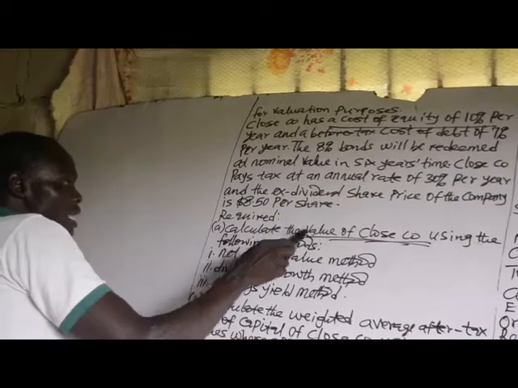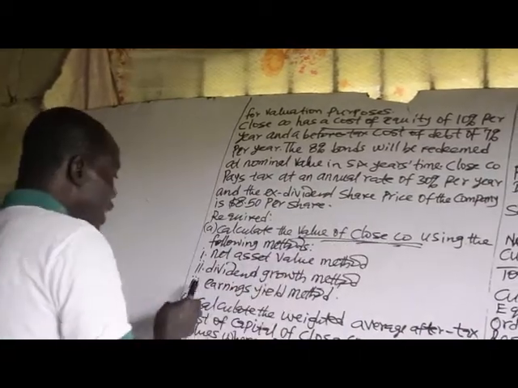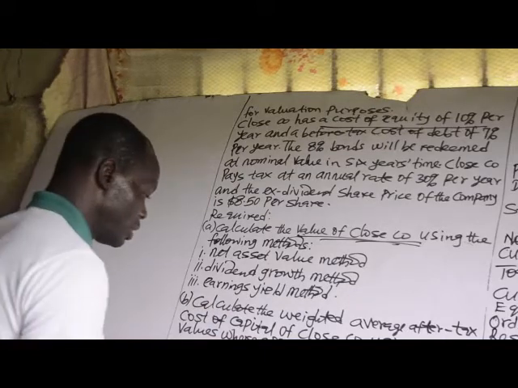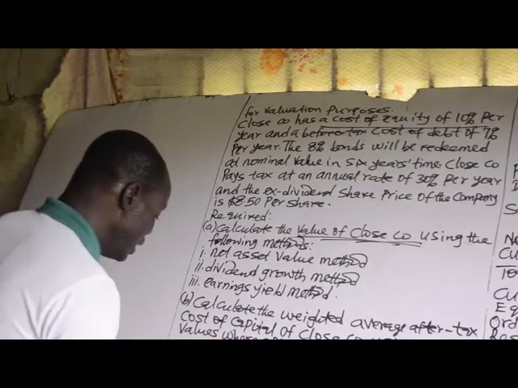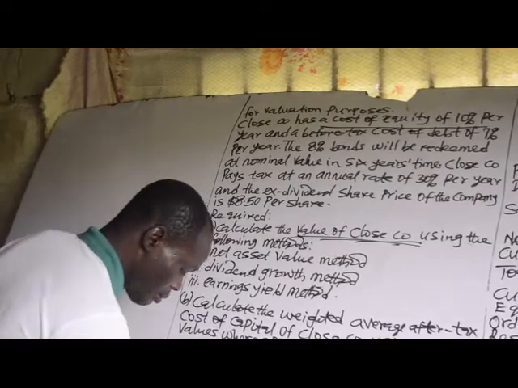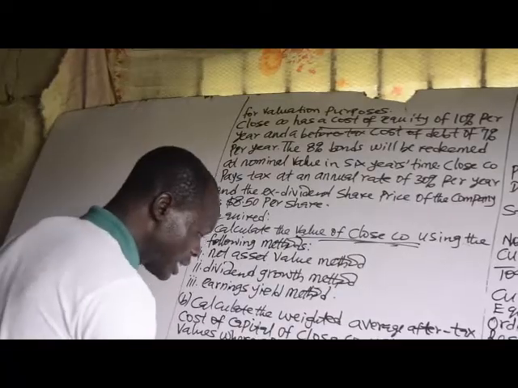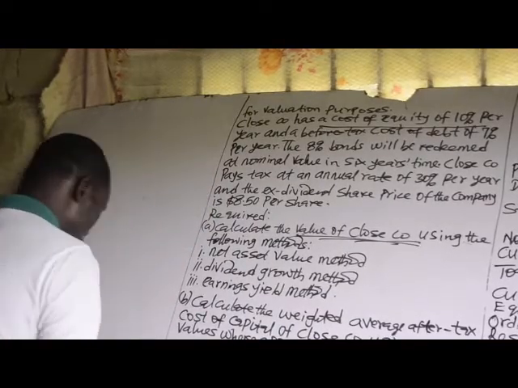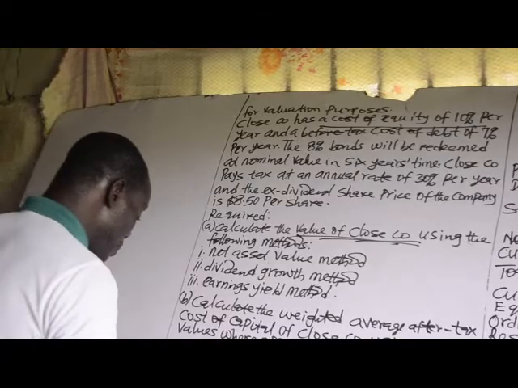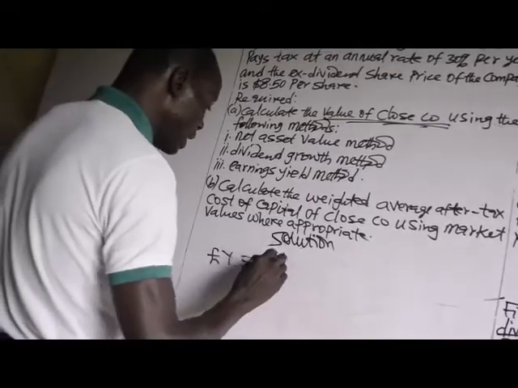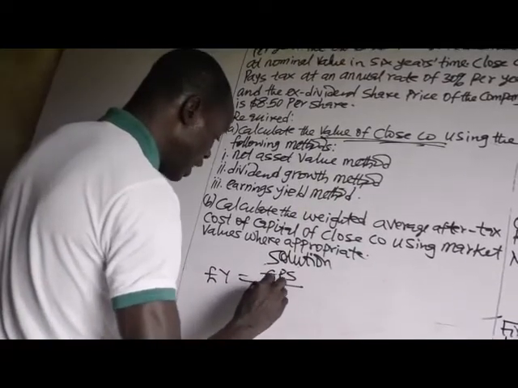You are to calculate the value of Closco using the earning yield method. I've told you that the formula for calculating earning yield is earning per share over market price per share.